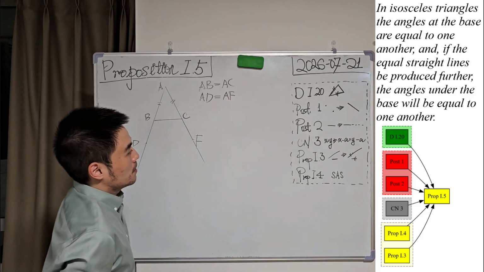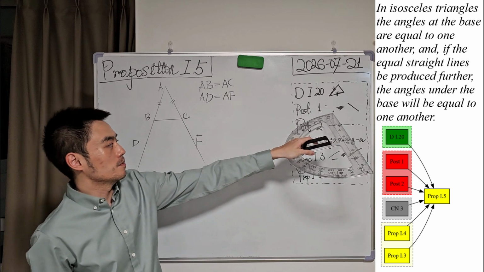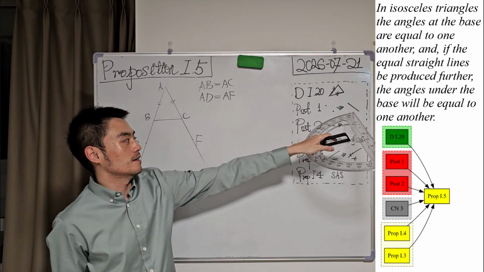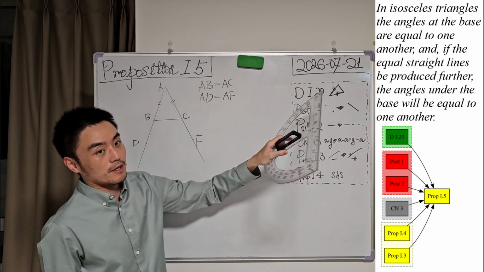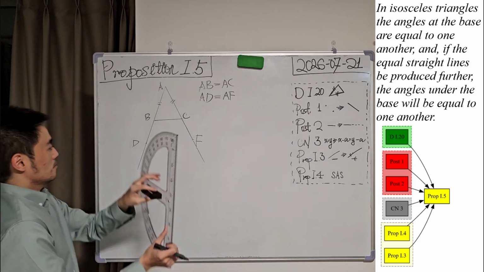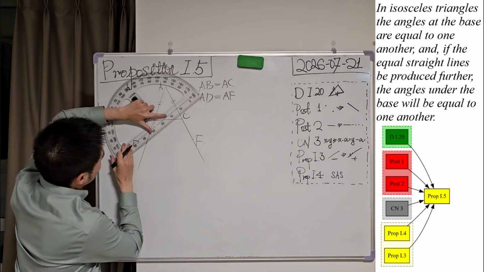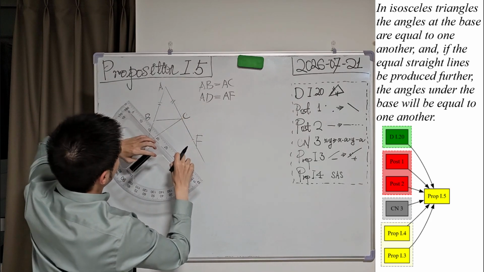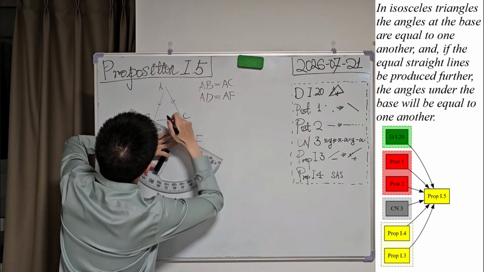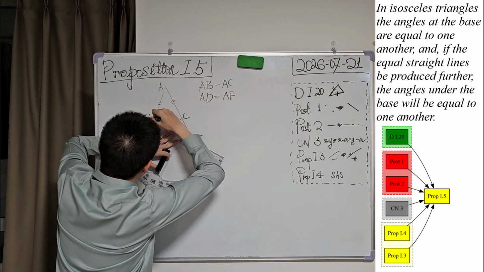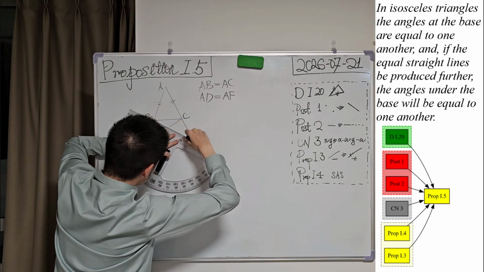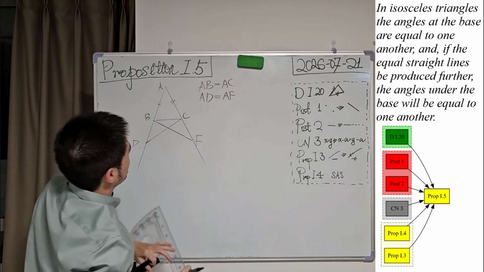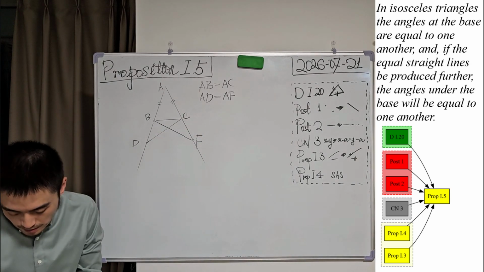Good. And because of postulate 1, we can join a straight line from two given points. So let's just join DC and BF respectively. Great.